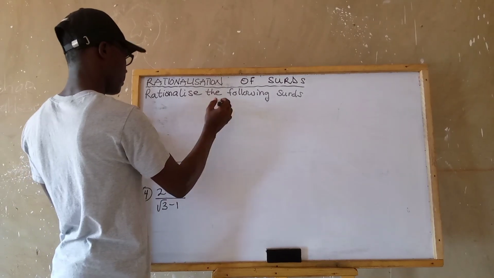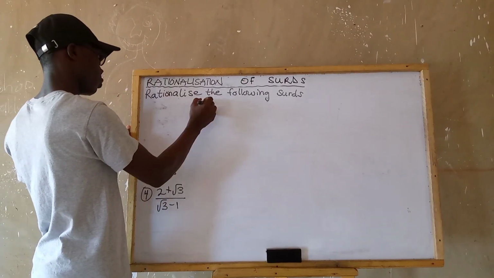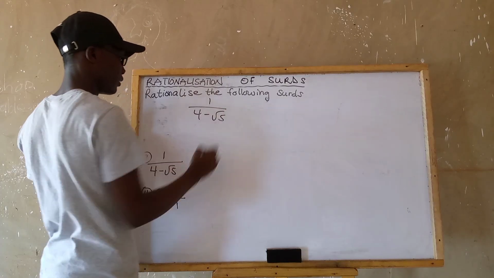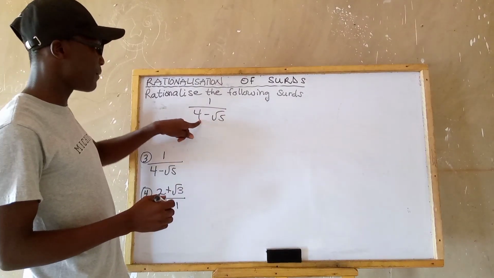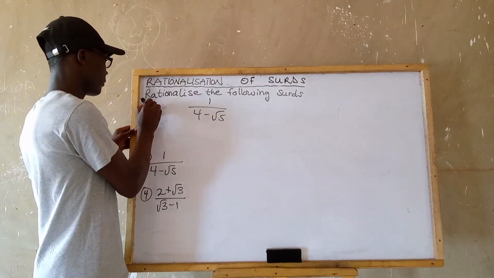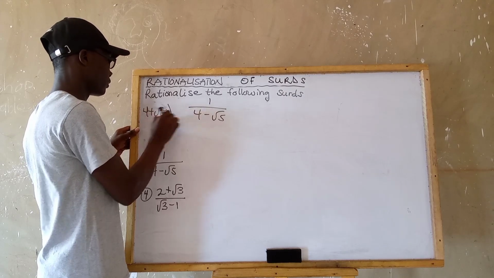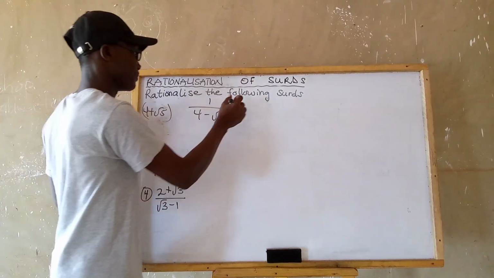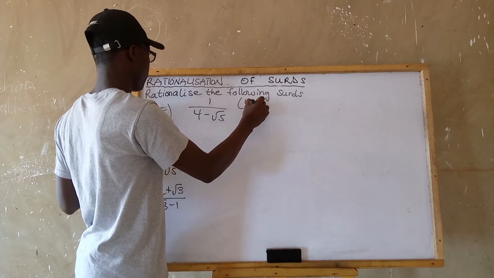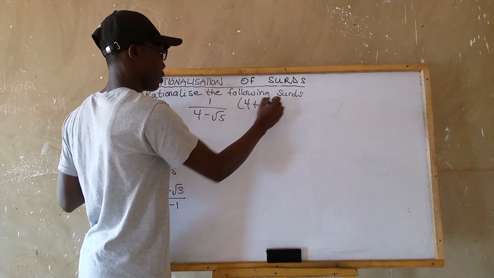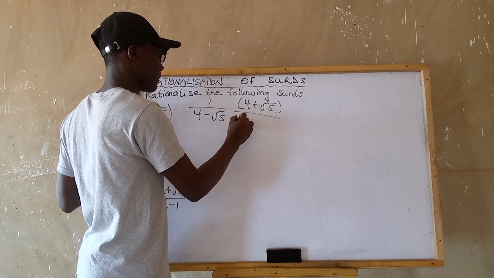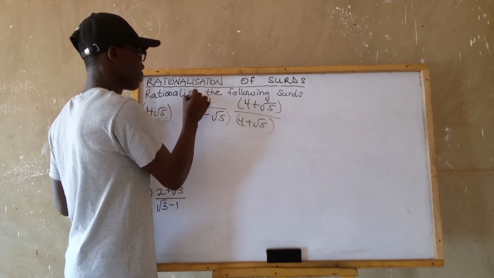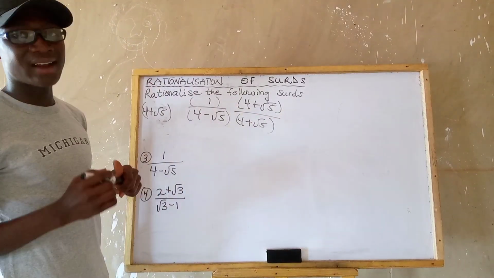So we have 1 over 4 minus root of 5. Now the conjugate of 4 minus root of 5 is 4 plus root of 5. This is the conjugate. So you multiply this conjugate by the top one, 4 plus root of 5, and also by the down one, 4 plus root of 5. Now simplify this one.